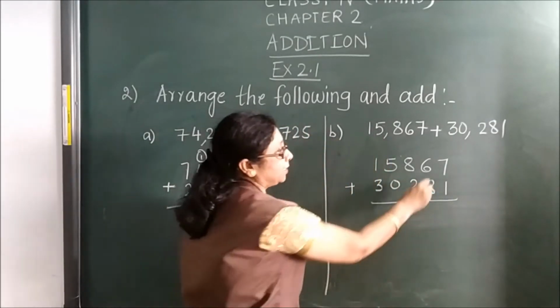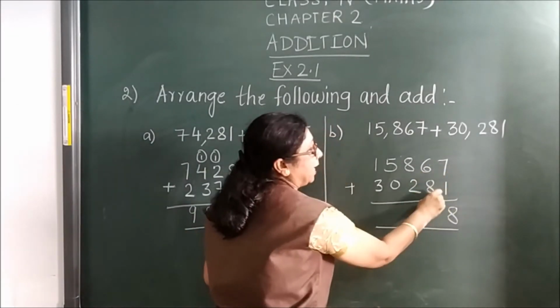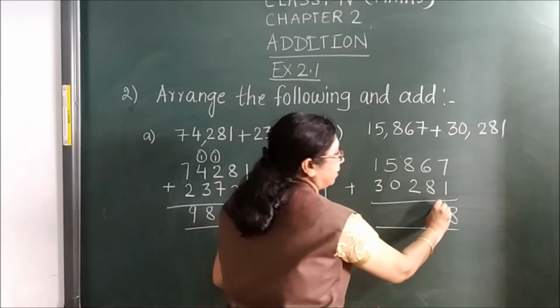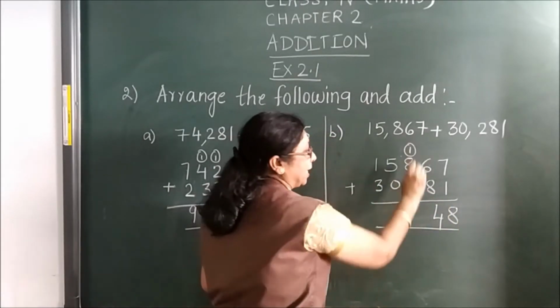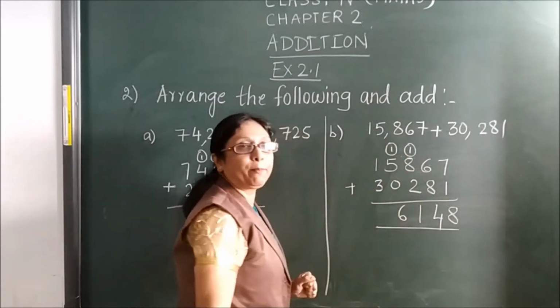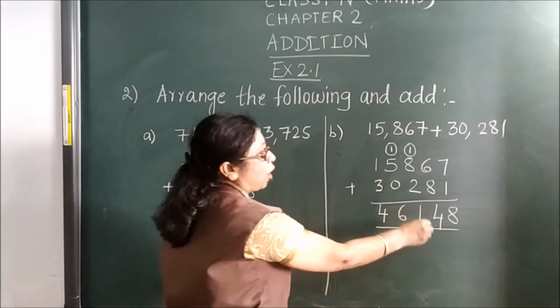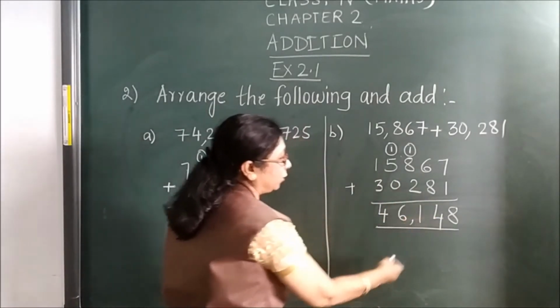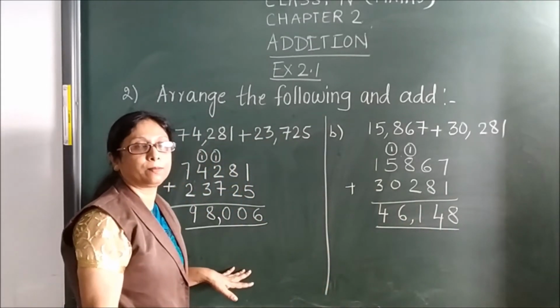Okay, then after that add 7 plus 1, 8, 8 plus 6, 14, 8 plus 2, 10, 10 plus 1, 11, 5 plus 1, 6, 3 plus 1, 4. After writing you can put the comma, that is after 3 digit you can put as per the Indian system.